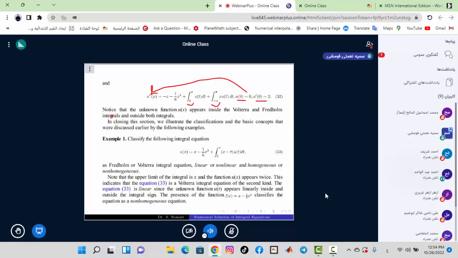Notice that the unknown function u of x appears inside the Volterra and Fredholm integrals and outside both integrals.